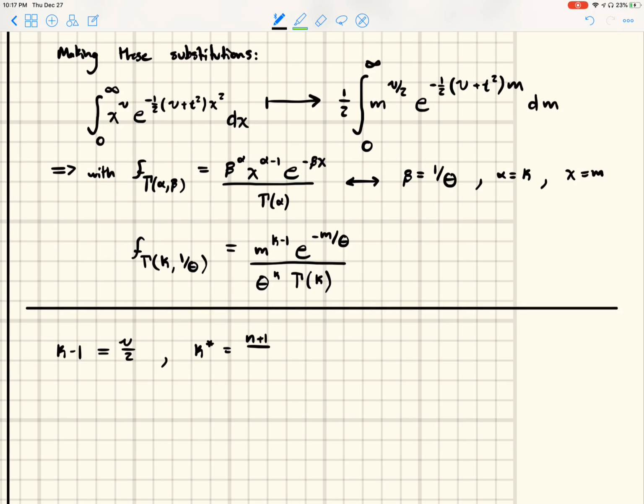We'll get this value, and our 1 over theta seems to be associated with this value, and we can define a new theta star as this.